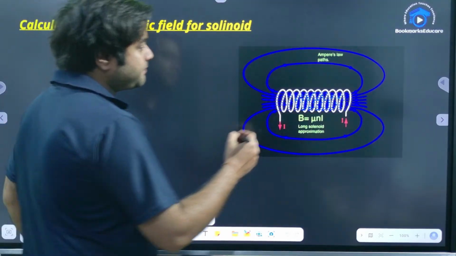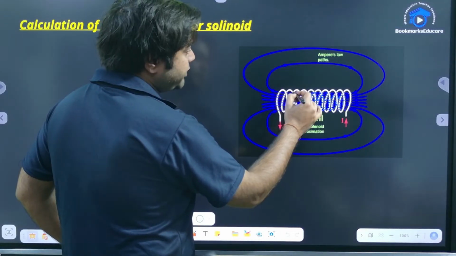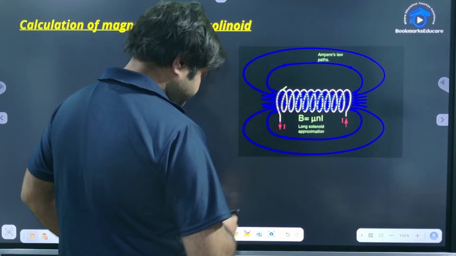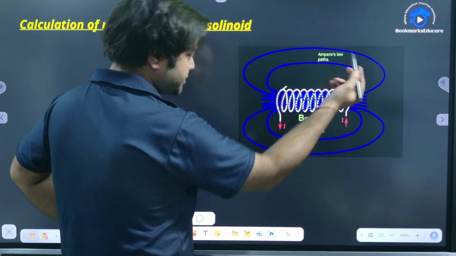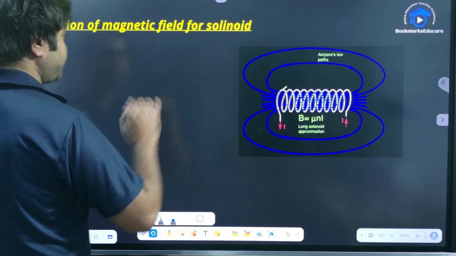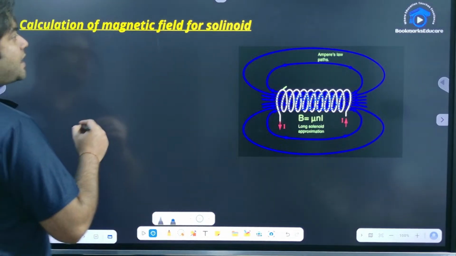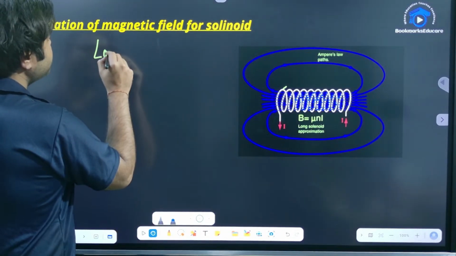You can see that these are the insulated copper wires and they are in a helical formation. And in this case, we are considering the long solenoid.